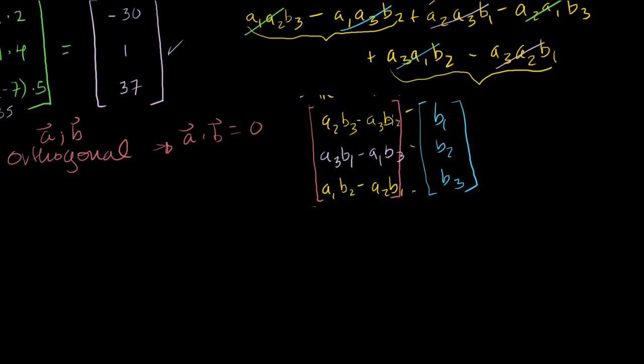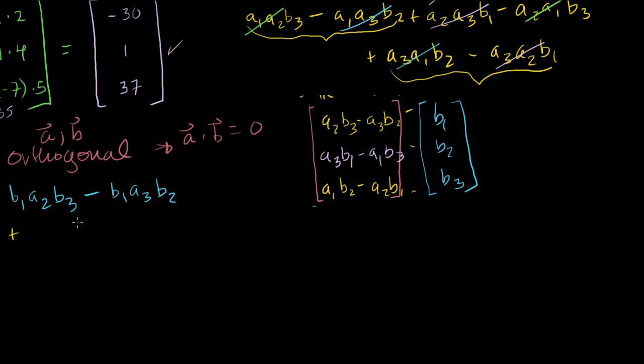So B1 times this whole thing right here is B1, A2, B3, minus B1, A3, B2. Let me switch colors. And then B2 times this thing here is going to be plus. This is all really one expression. I'm just writing it on multiple lines.